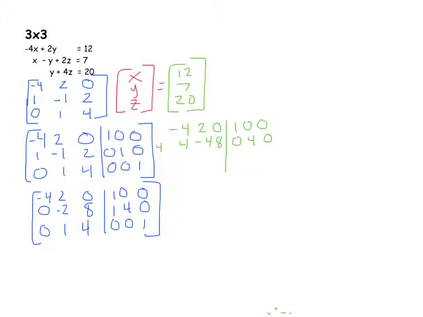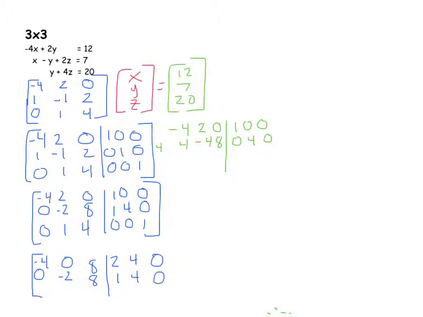Alright, next I'm going to focus on getting the zeros in the second column. So if I add the first and the second row together, I'm going to get a 0 in the first row. So I'll go ahead and just add those two together. So I get -4, 0, 8, 2, 4, 0. I'm going to keep the second row the same because I don't need to get a 0 in that row.